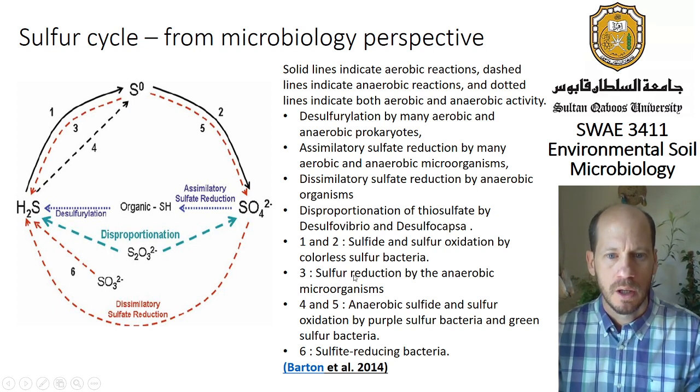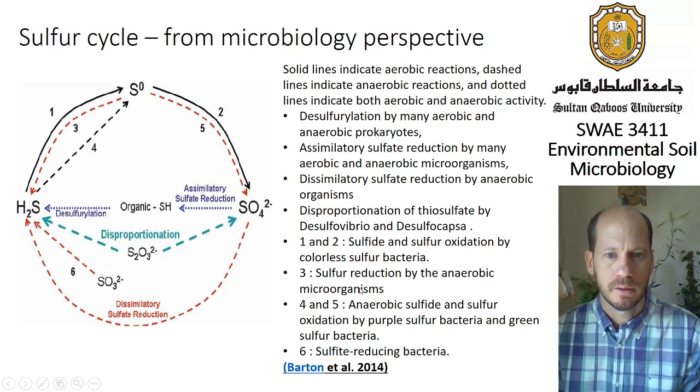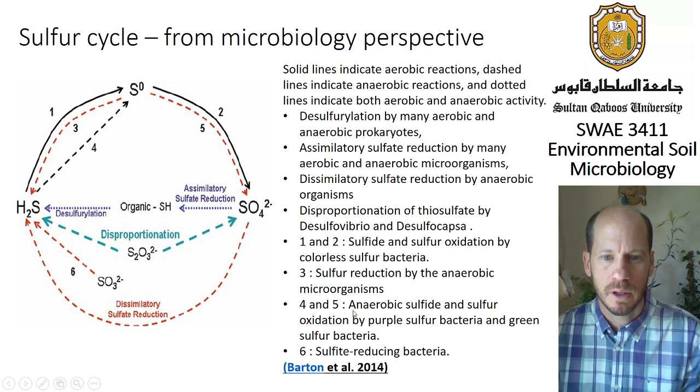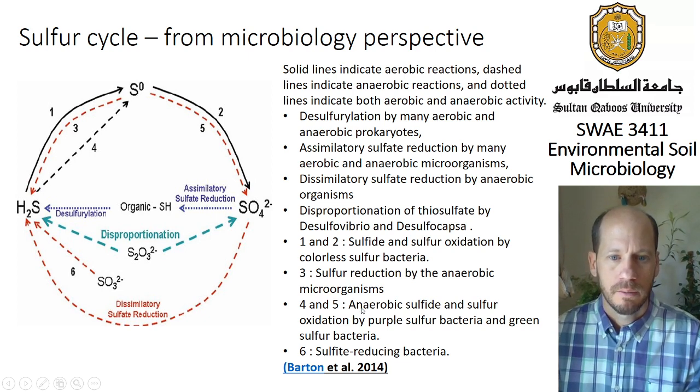Normally these are photosynthetic, like the arrows 4 and 5, which talked about the purple sulfur bacteria and green sulfur bacteria. These anaerobic microbes are photolithoautotrophs.